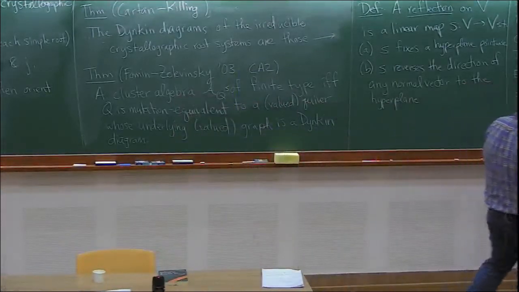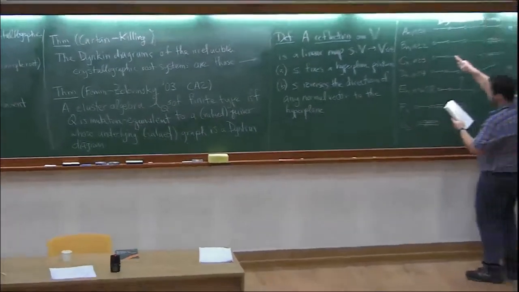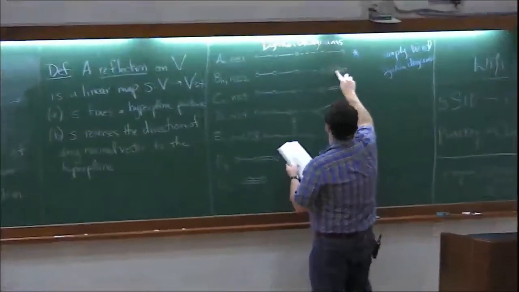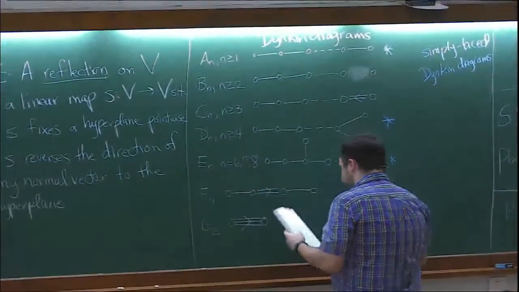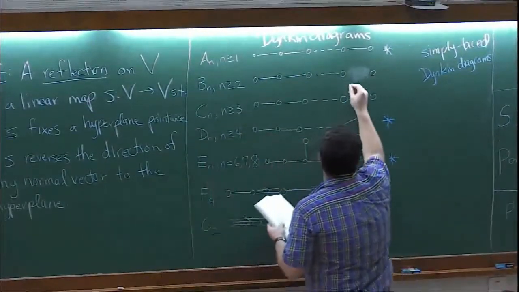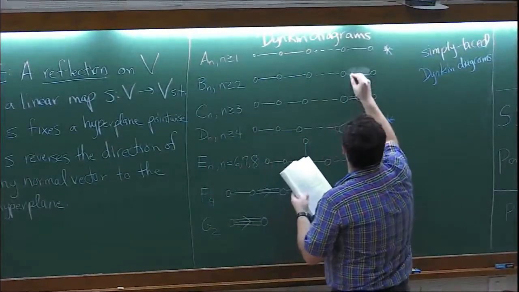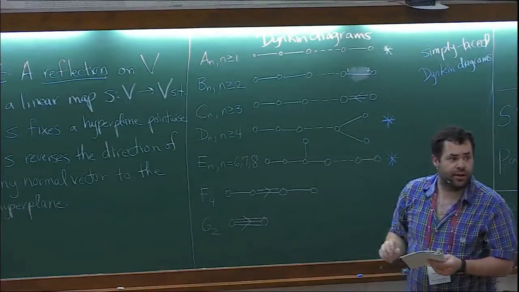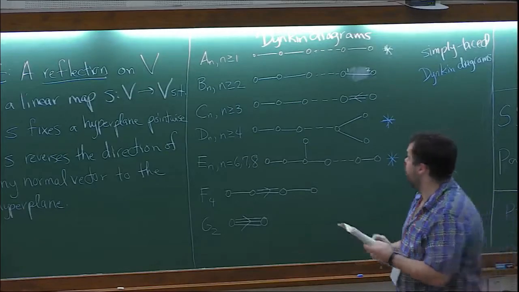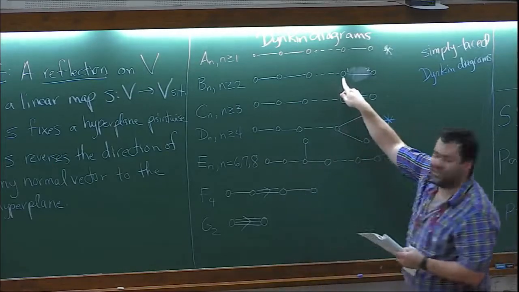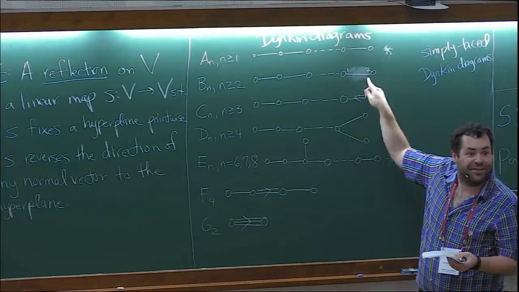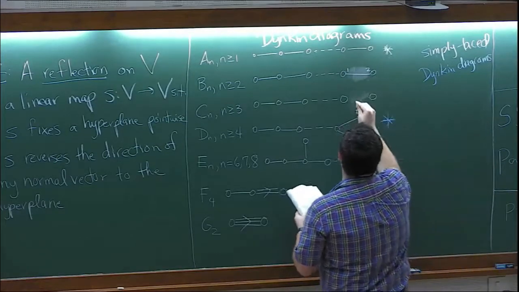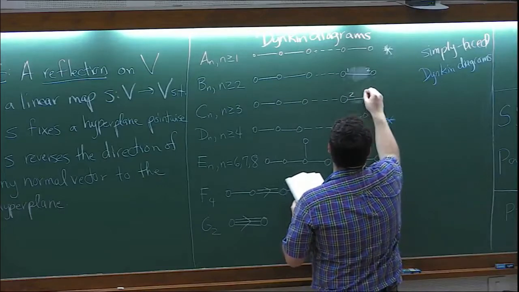So if I take these pictures and instead interpret this as a valued quiver, where this one sees 1 arrow coming out and this one sees 2 coming in, I don't mean this one sees 2 coming out and this one sees 2 coming in. This is what I mean. And this one is 2 and 1.